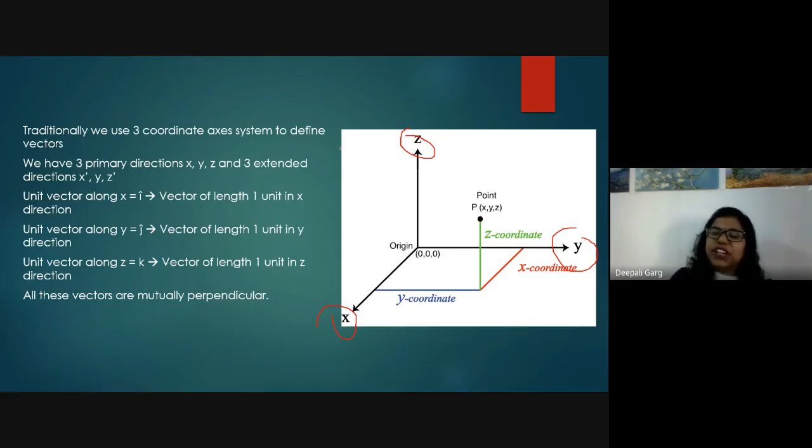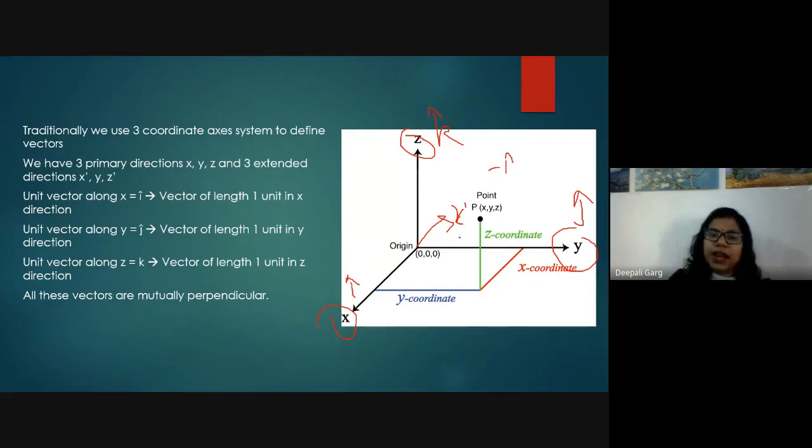Now we have 3 primary directions: x direction, which is represented by i cap, y direction, which is represented by j cap, and z direction, which is represented by k cap. Now what is minus x axis? X prime, and the vector for x prime is minus i cap.